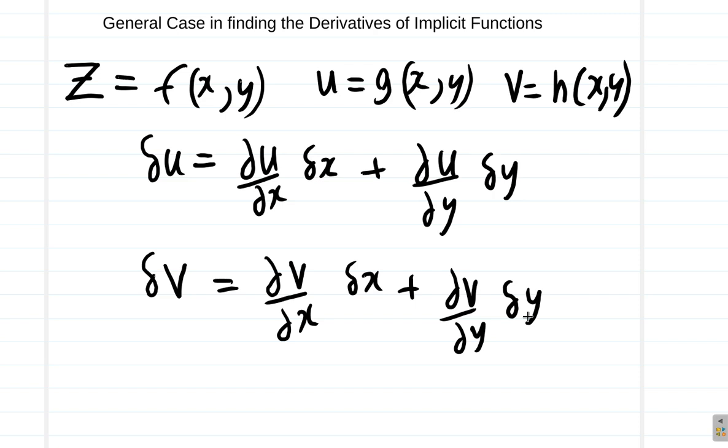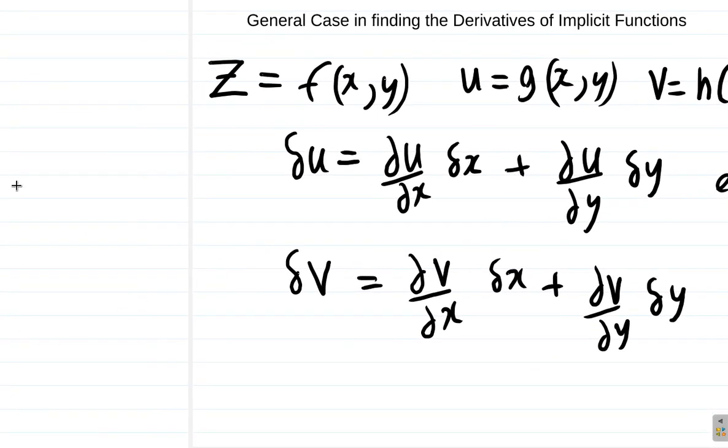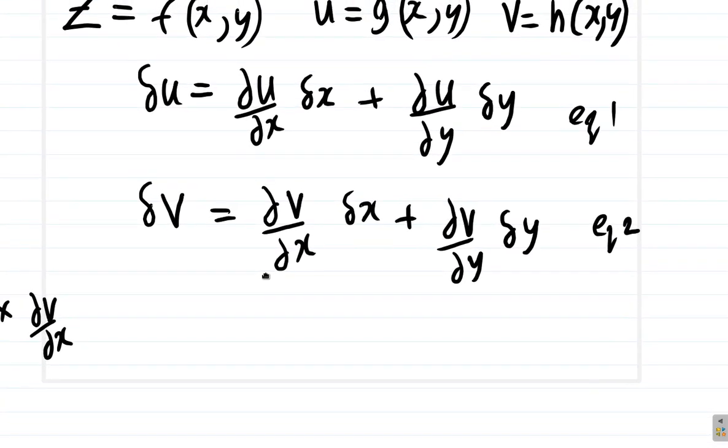Now, let's call this equation 1 and this equation 2. If we multiply, say, equation 1 by delta v by delta x and see what happens.